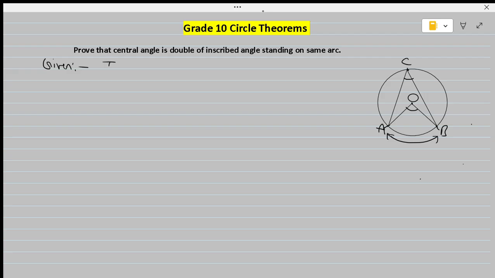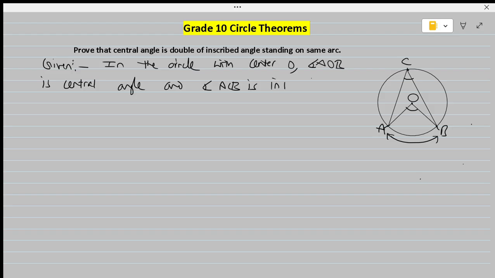So in the given, in the circle with center O, angle AOB is the central angle, and angle ACB is the inscribed angle standing on the same arc AB.